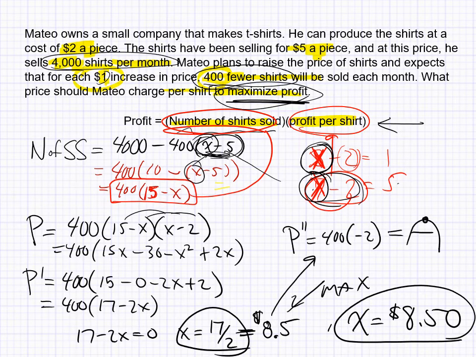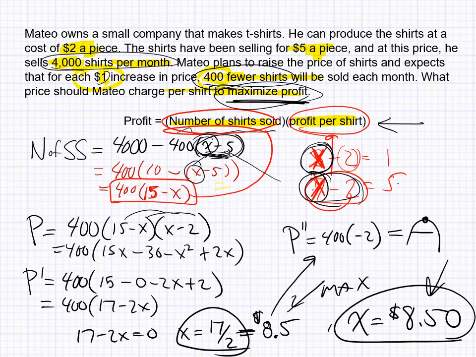So we look at this profit function, looking at how much we would make if we did $5 a shirt versus how much we make if we did, say, $8.50 a shirt. Both cases will make money, but the one that would give us the maximum profit would be the $8.50.